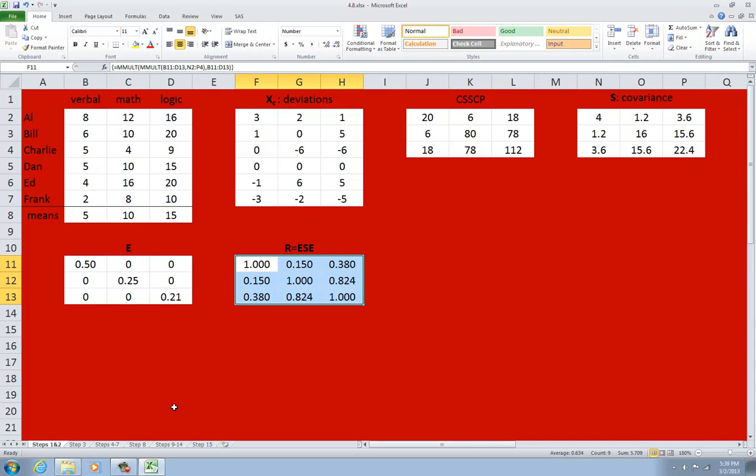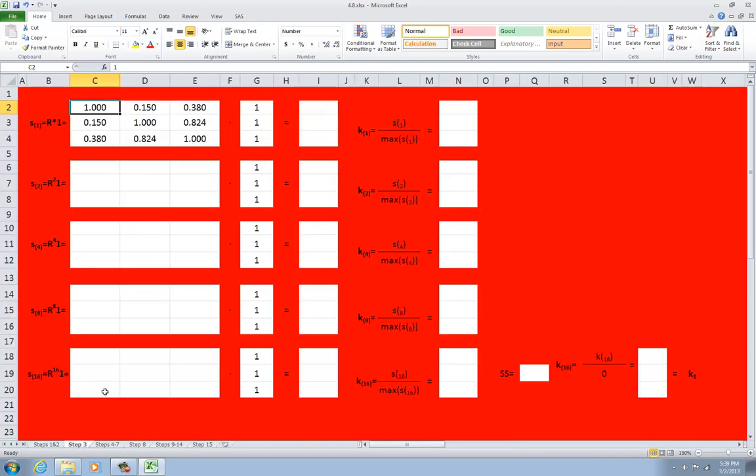So now we can move on to step 3, where we are ready to factor the correlation matrix using the method of successive squaring, which we talked about in video 4.7. So I've copied and pasted our correlation matrix here. So if you recall, what we want to do first is get a row sum vector, S sub 1, and it's created from our matrix R, the correlation matrix, by post-multiplying R by a vector of 1s right here.